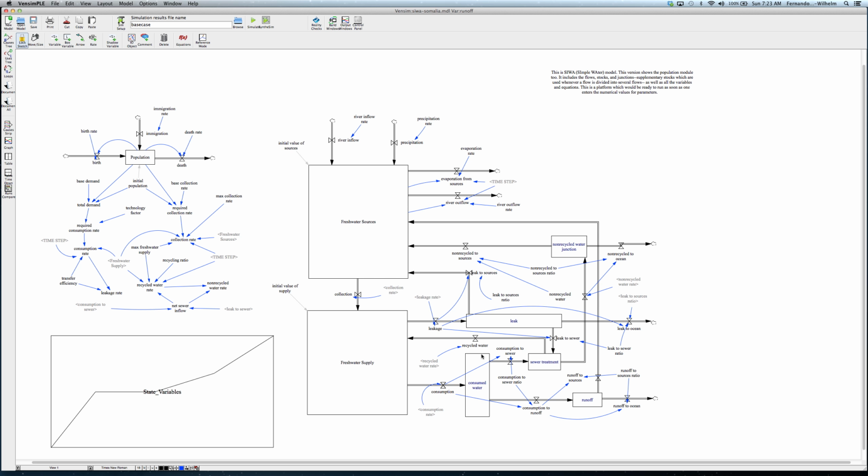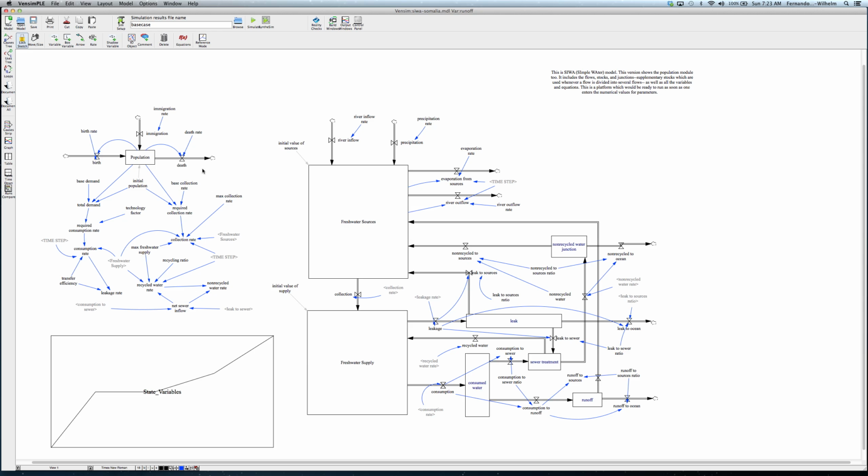These are some other box variables here, like consumed water, water and sewer treatment, runoff, leakage, non-recycled water, which are also stocks. They don't happen to be part of the main governing variables of the model, but they're still useful to look at the system. These are also defined, and then we have the rest of the fluxes.